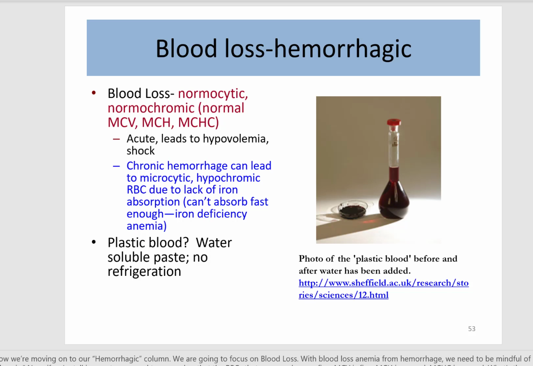And as you will learn as we go through the semester, a lot of times it's not just so much delivering oxygen, but blood pressure. So having this plastic blood that we can resolubilize, add water to, and give to a soldier that might be wounded, increase their blood volume, increase their blood pressure, and restore blood flow might buy them some time where we can transport them to a hospital where we can get them real blood.